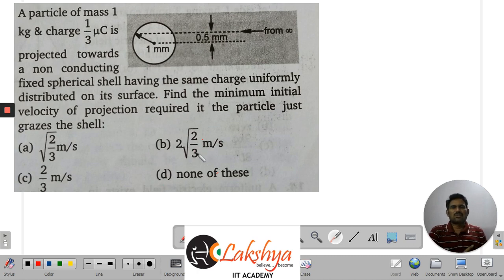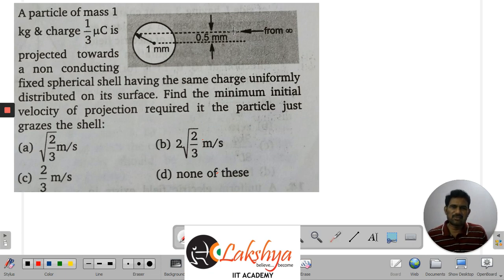We solved such problems in the previous case of point charges. Now here, in the case of the spherical shell and the point charge, we need to solve this problem, exactly the same as our previous calculations. First I am applying the conservation of energy here.